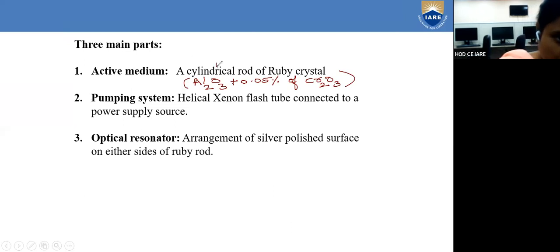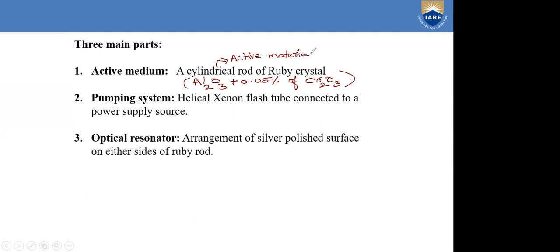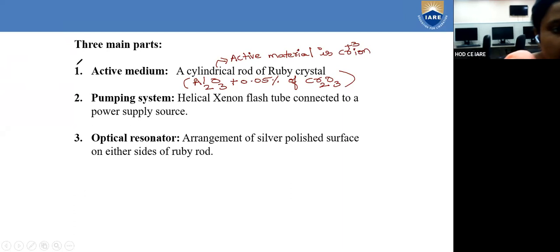So all of you copy these three main parts.